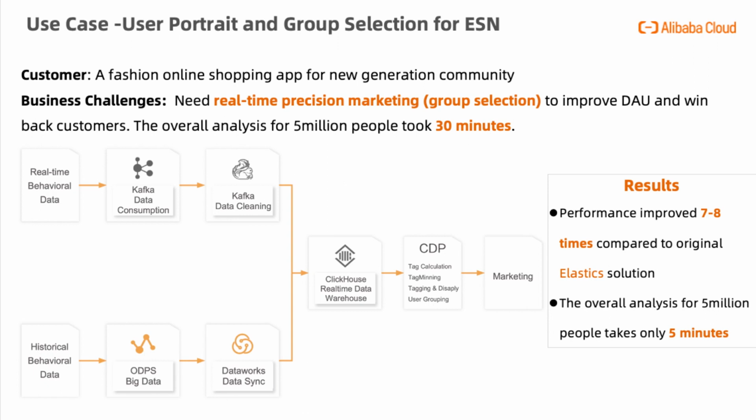This mechanism supports customers to select required users for marketing based on the historical tags and real-time tags to increase the daily active users. As a result, our solution improves aggregation analysis performance by 5 to 10 times compared with the traditional log analysis solutions.